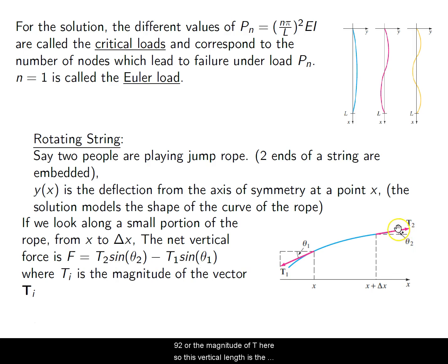So this vertical length is the length of this vector times the sine of the angle. Same thing here, it's going downwards. From this point to here, this vertical length is the magnitude of this vector times the sine of this angle. So that gives me this sine and this sine, this vertical length and this vertical length.